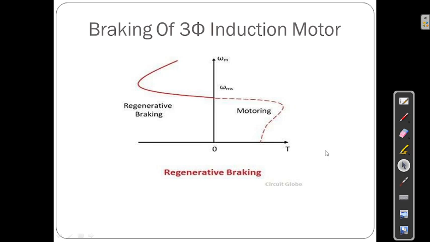If you see the graph, it is speed versus torque. Motoring goes downwards, then the regenerative braking will be upward. If the regenerative braking is more, then automatically the motor will brake.